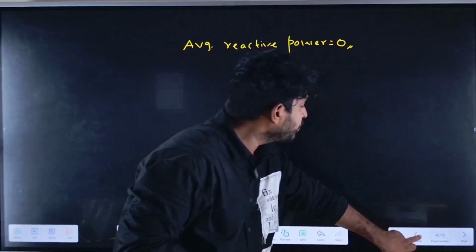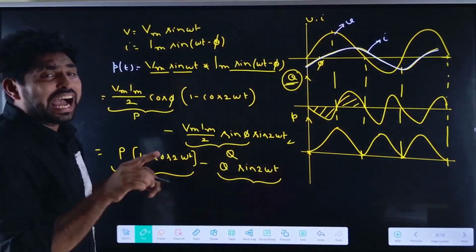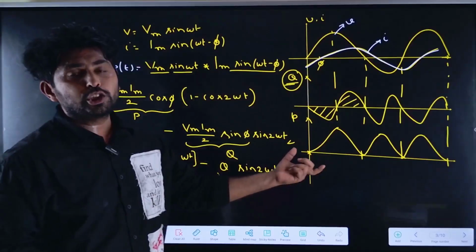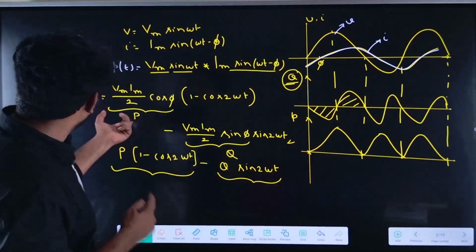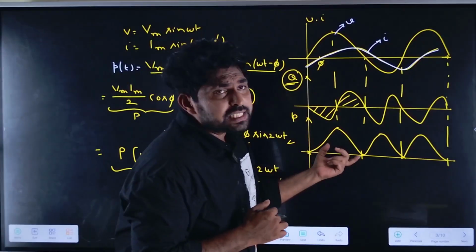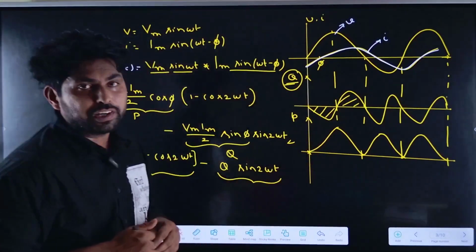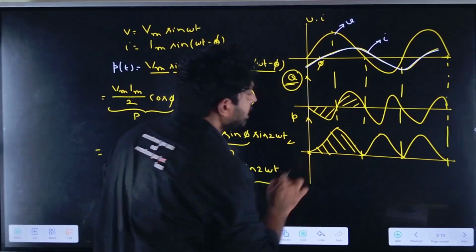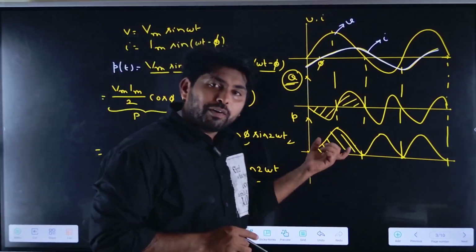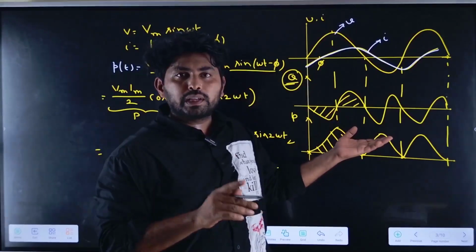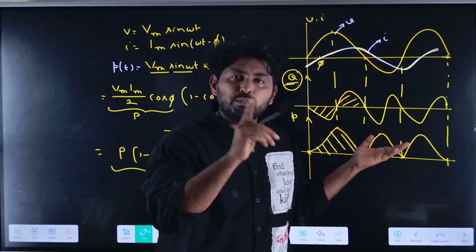Now, if I find the average active power, will the active power become negative? No, it is always positive. Remember this point, this point is most important.